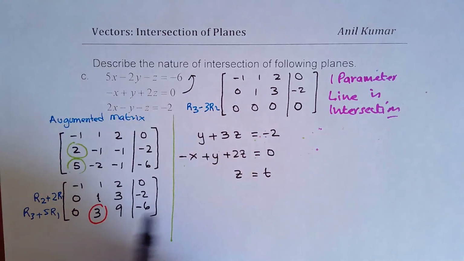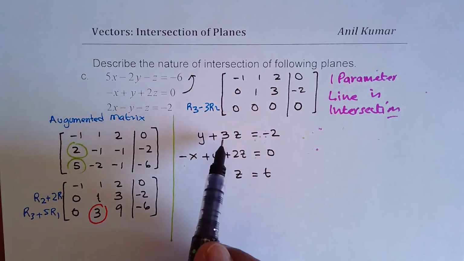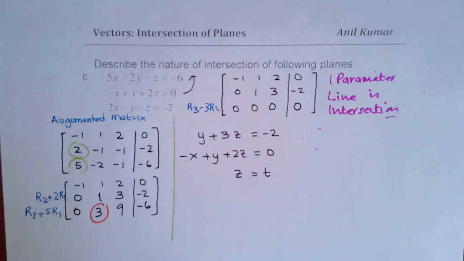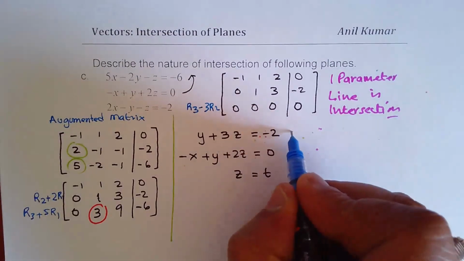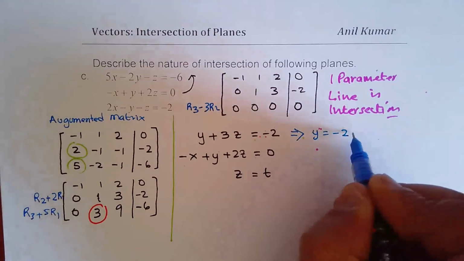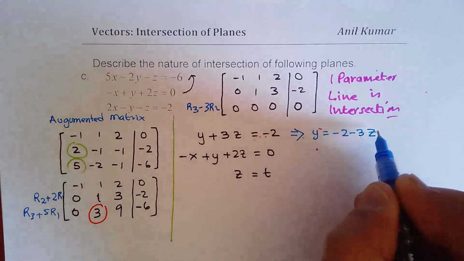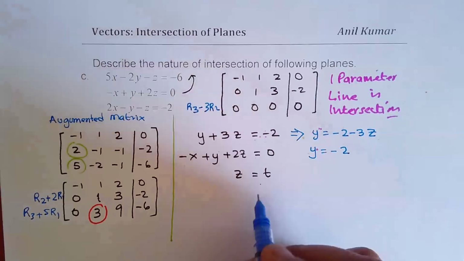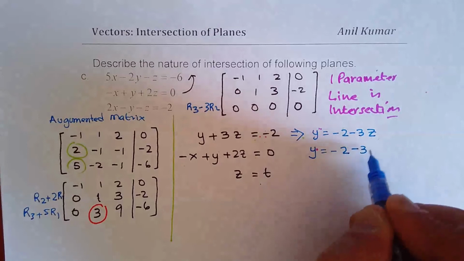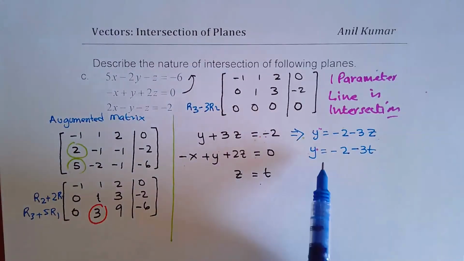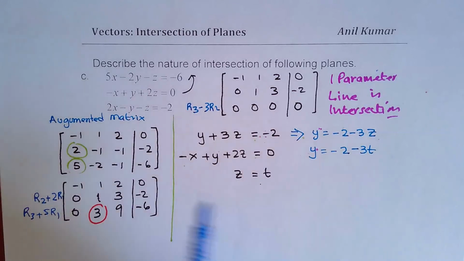If z is t, then we can rearrange the first equation, get the value of y. Correct? So from here, we get y equals minus 2 minus 3z. Now z is t, and therefore we can write y equals minus 2 minus 3t. Is that clear? So we get z equals t and y equals minus 2 minus 3t. So we can get x in terms of y and z.